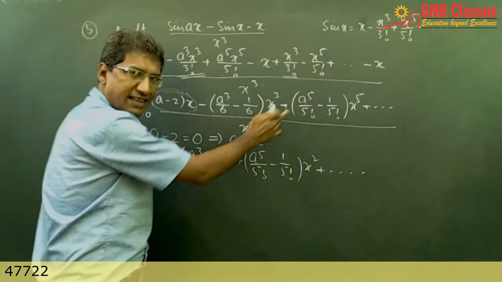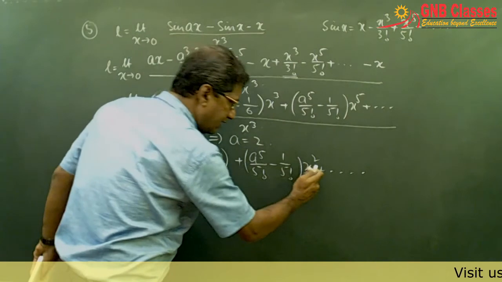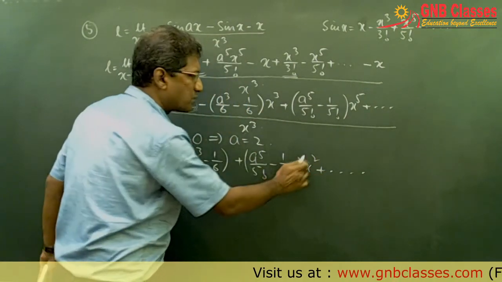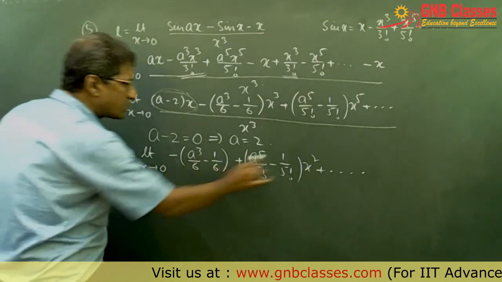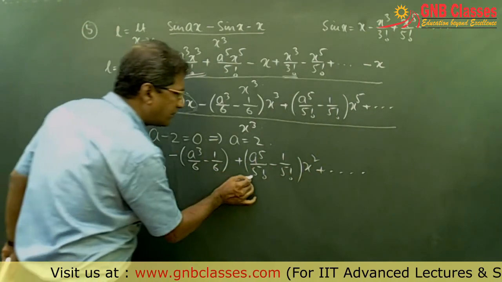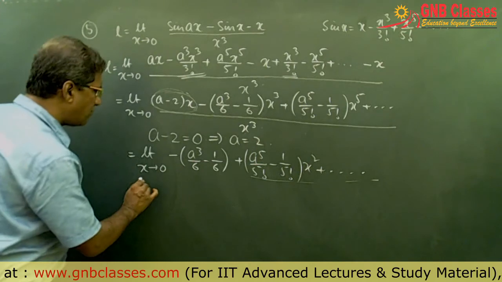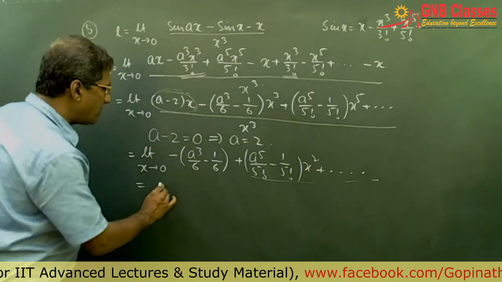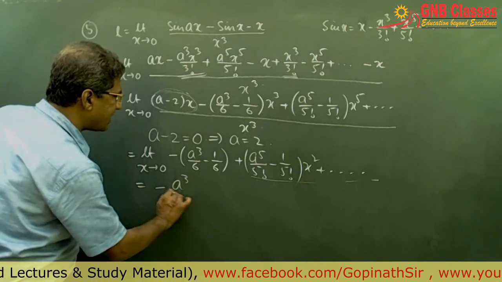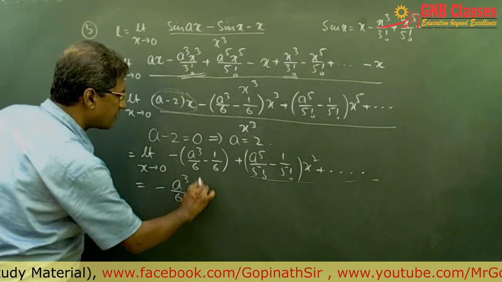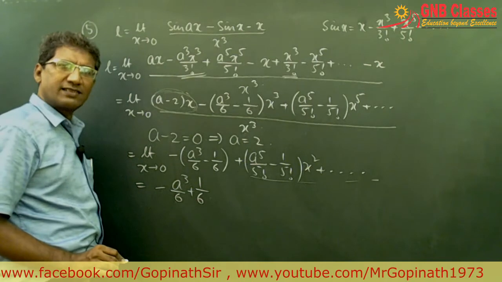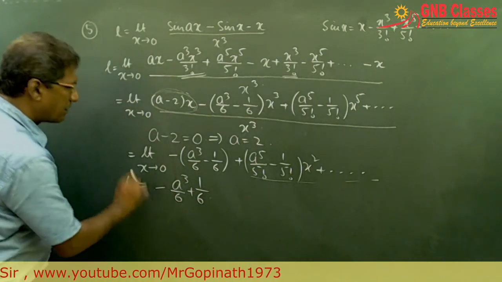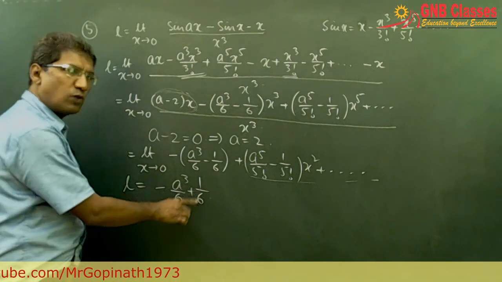Because if I divide by x cube, from this term onwards every term has powers of x higher than 2, so all these parts will become 0. So we are left with minus a cube by 6 plus 1 by 6. Is it clear? So we got L is nothing but minus a cube by 6 plus 1 by 6.